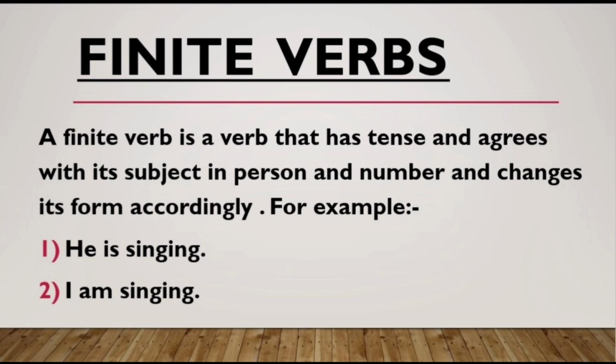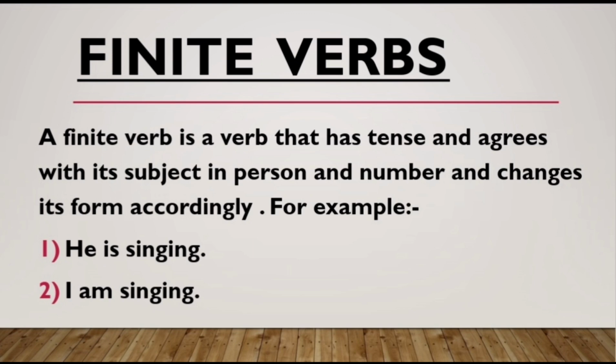So a finite verb agrees with the subject and it changes its form according to the different subjects implied in that particular sentence. If there is a plural subject, the verb would be different and vice versa.